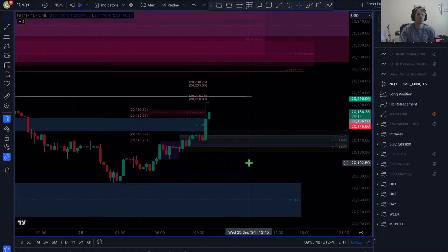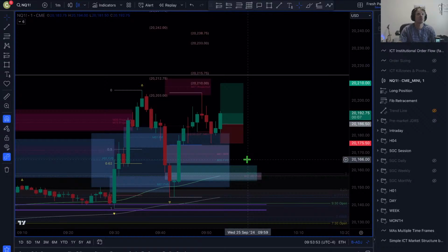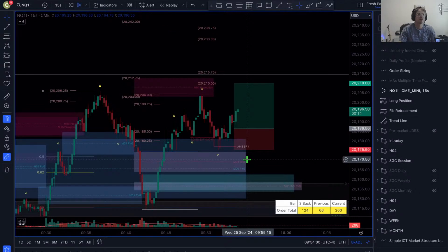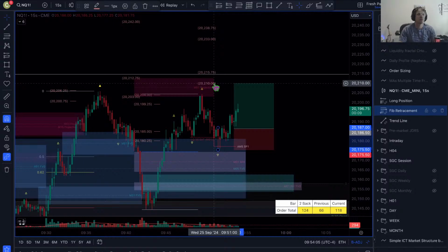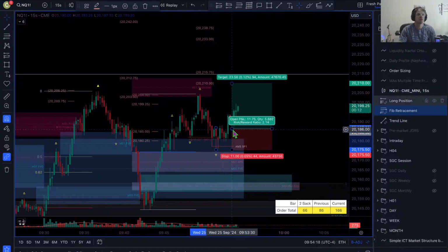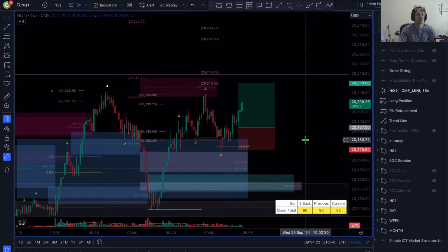I just see this as potential draw on liquidity. This would be the projection. So if it doesn't hit that, could have taken the trade right there. Nope, never got entry, even if you're just taking 2R.